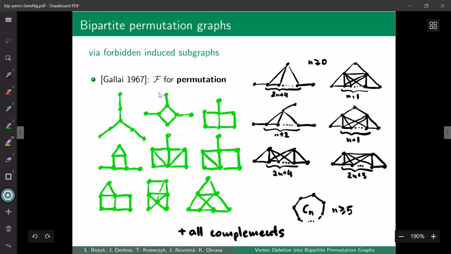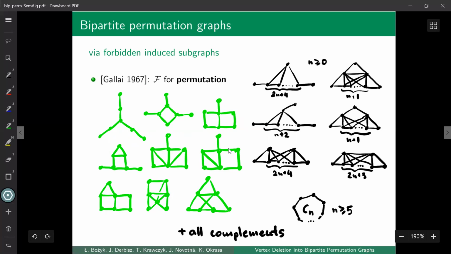We know the family for permutation graphs. This is the family. It consists of 18 seven-vertex graphs and 14 infinite families of graphs, because apart from what's drawn here, we need to have all the complements taken of those graphs.